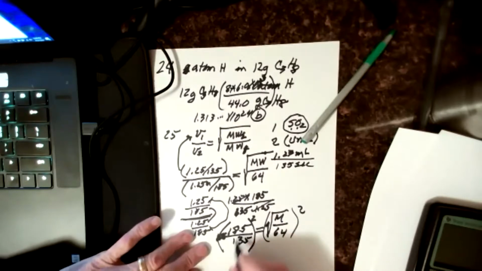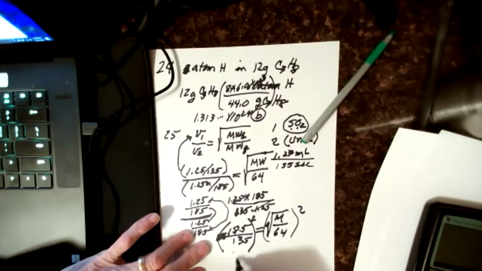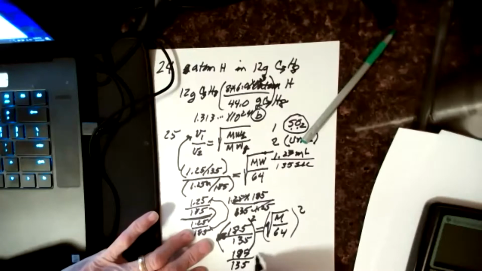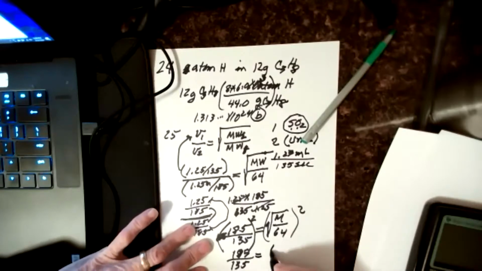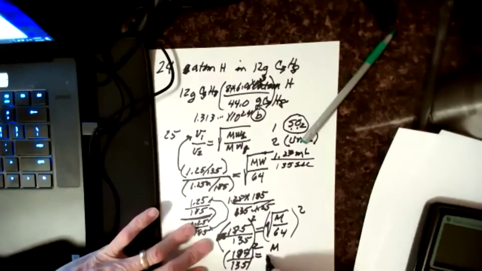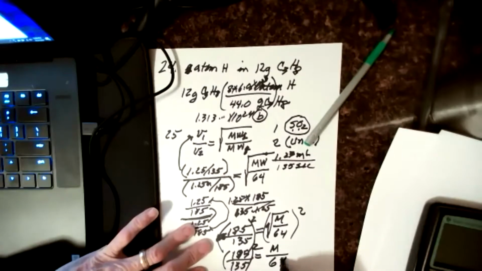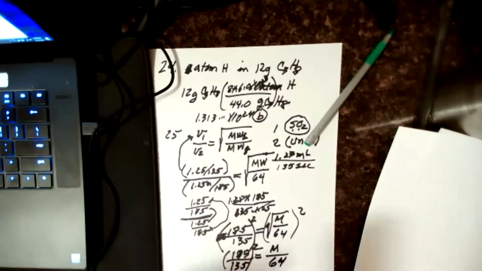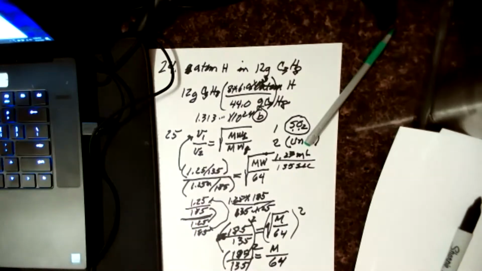All right, so I got 185 over 135. That's going to be equal to M, this is squared, divided by 64. So molecular weight, I'm just going to do this. It's 185 divided by 135. I get that answer. Now I want to square that answer.